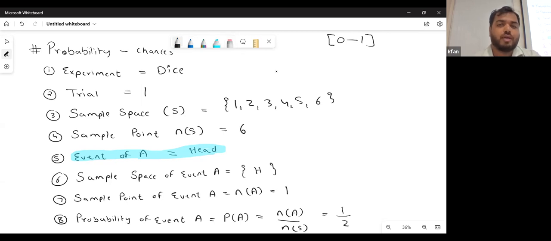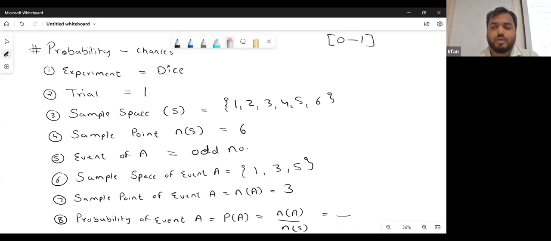Let event A be getting odd numbers. How many are odd numbers? 1, 3, 5. Can we count? It becomes 3. What is the answer over here? 3 by 6. Easy to understand, guys.